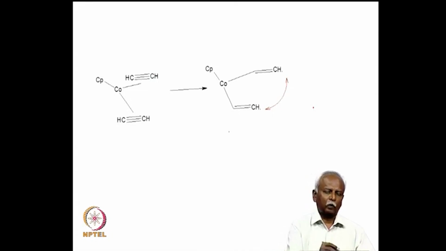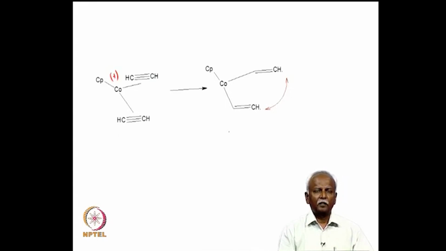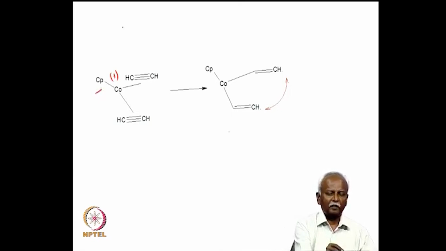Imagine a cobalt 1. This is a cobalt 1 atom, which is coordinated to a Cp ring. A Cp ring is very simply a cyclopentadienyl ring, a cyclopentadienyl moiety, which is coordinated to the cobalt 1.